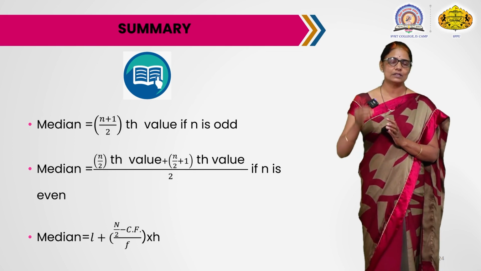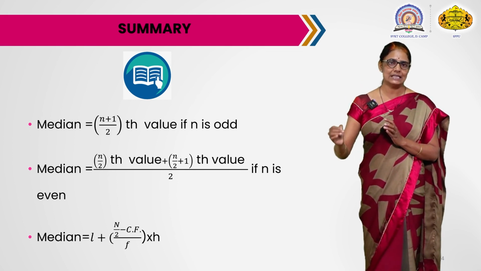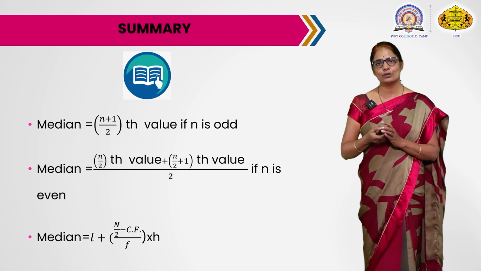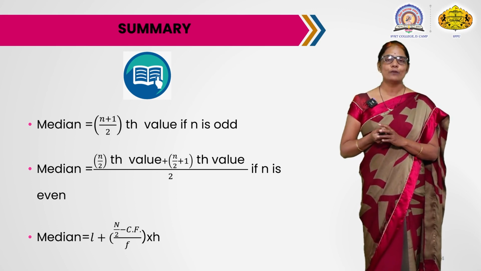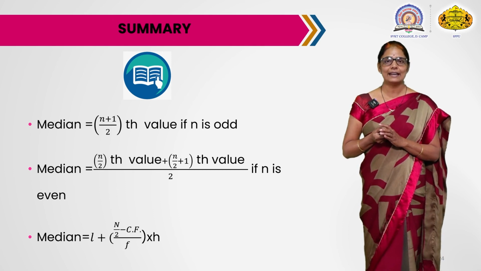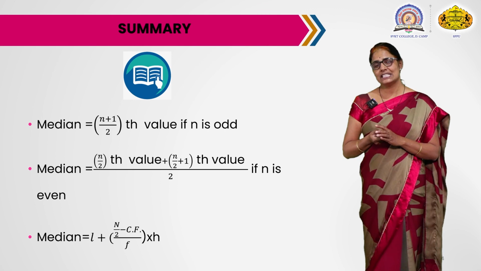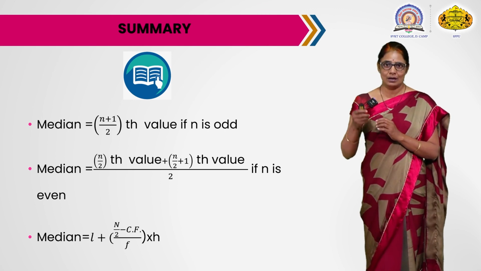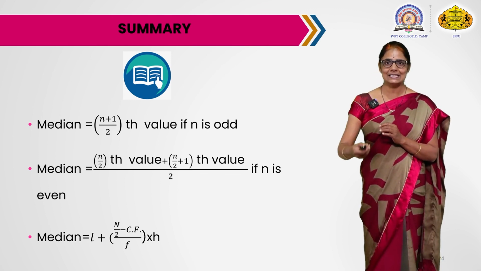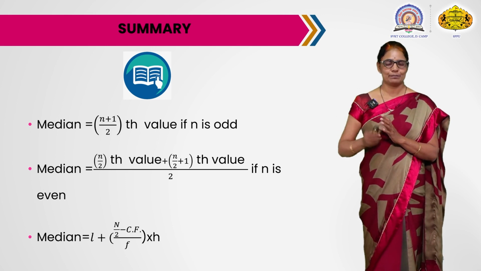The last number of the less than cumulative frequency is capital N, that is the total frequency. Then to find the median class we should first find n by 2. Then find the class where the less than cumulative frequency is just equal to n by 2 or just exceeds n by 2 for the first time.